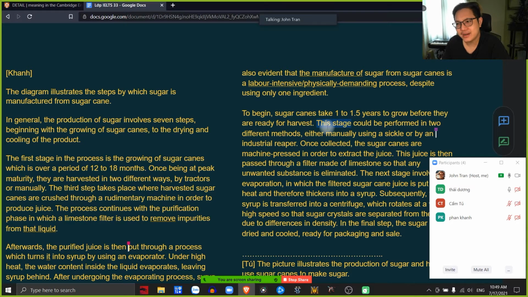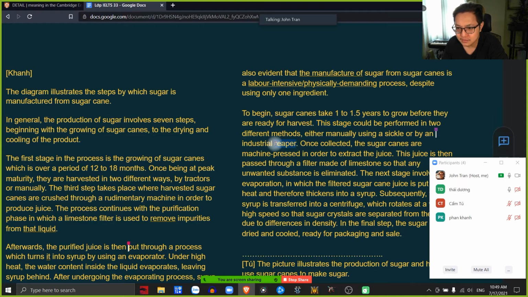So this stage refers back to harvest, okay. Could be performed in 2 different methods. Either manually using a sickle or by an industrial reaper.